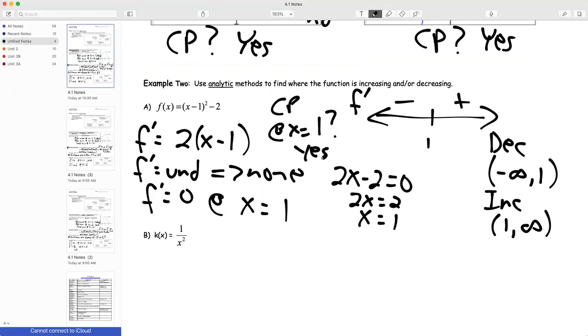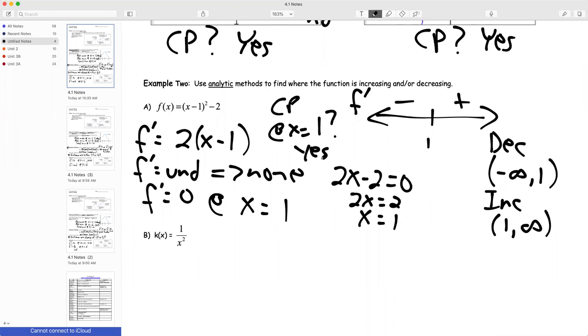Yes. And the problem did not ask this, but this is going to be a minimum because the function is going down, it's decreasing, and then it goes back up. It's increasing. Okay, so let me pause right there for just a second.